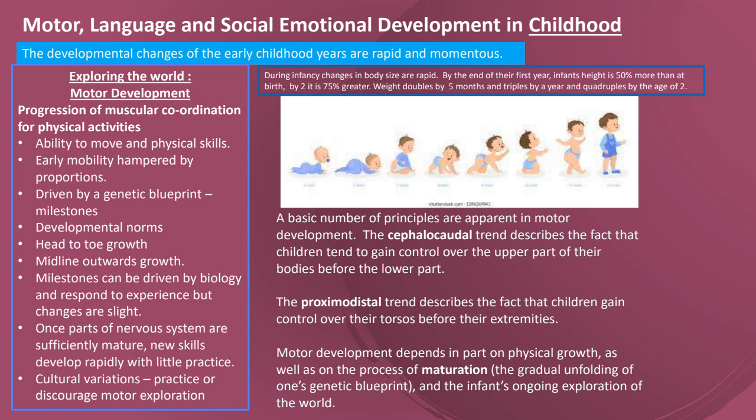Our milestones can be driven by biology, and we respond sometimes to experience with those milestones, but it's mainly biologically driven. And once an infant starts to develop and parts of the nervous system develop and mature, new skills can develop very rapidly, and we see that with young children.